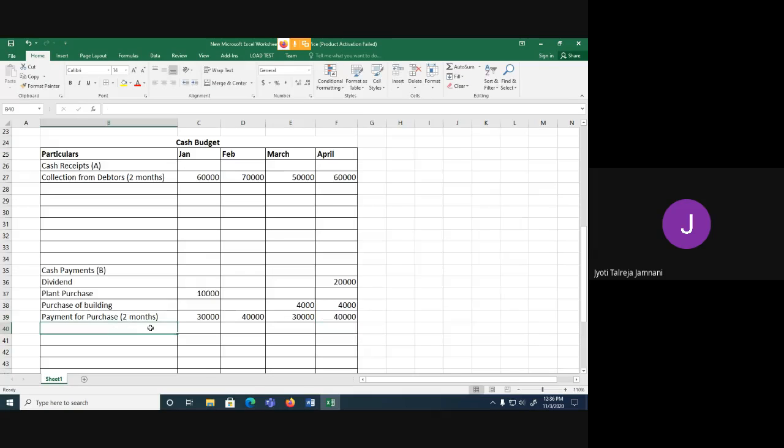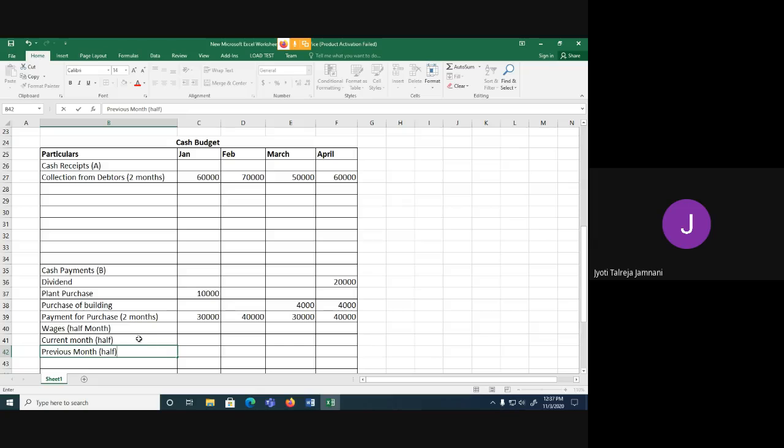So we write here wages. Below that we write current month half. And as you said in the previous problem, we'll write previous month half.